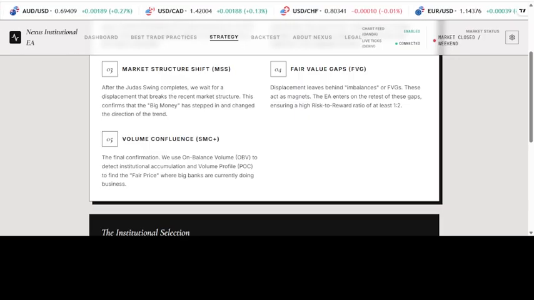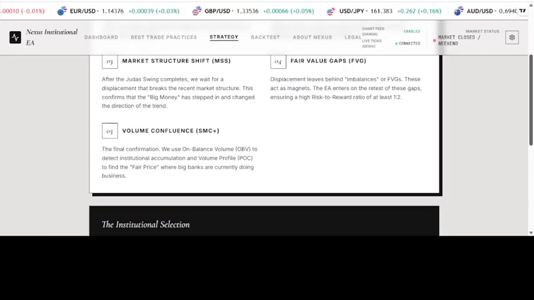We want to make sure that the direction that the trade is going in has actual meat behind it, has depth behind it. So this is an extra confluence here that I've added. So that's why I call it the smart money concept plus strategy here.